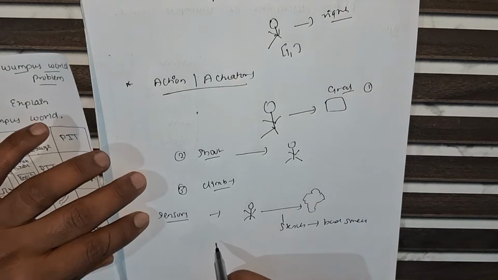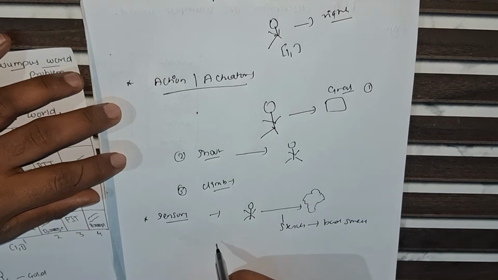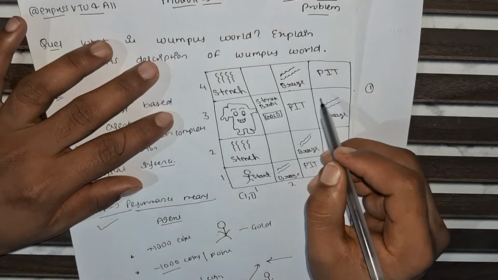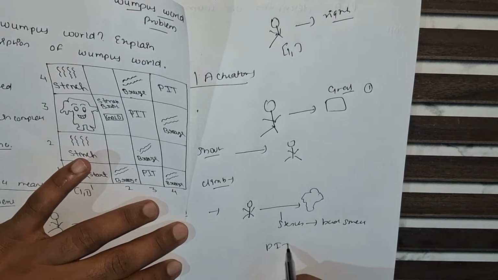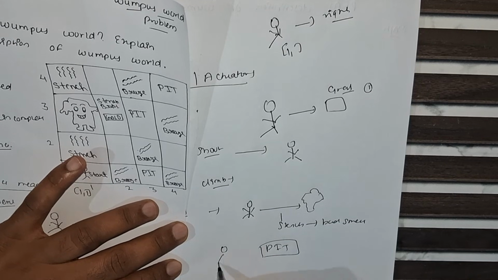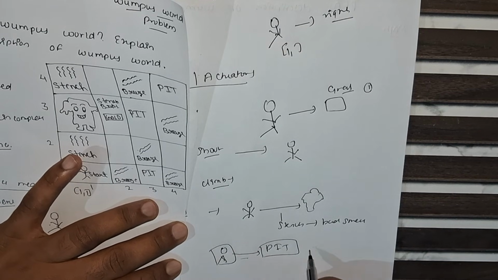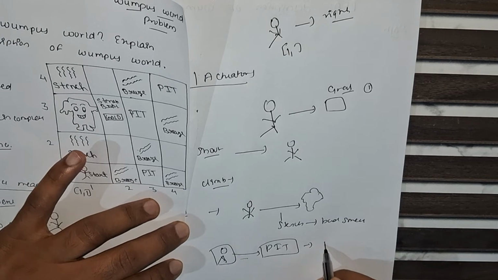In the squares directly adjacent to a pit, the agent will perceive a breeze. Let us consider this is a pit and this is the agent's square. If it is adjacent to the agent's square, it perceives a breeze.